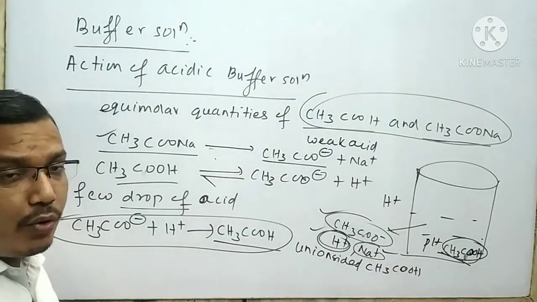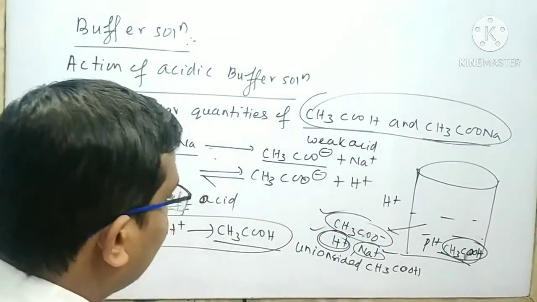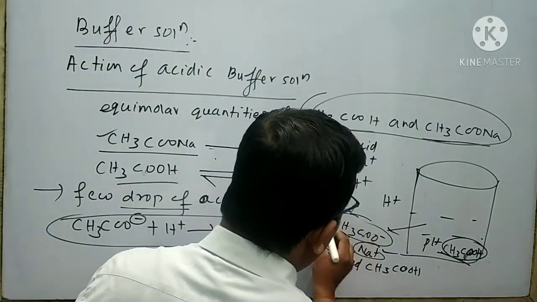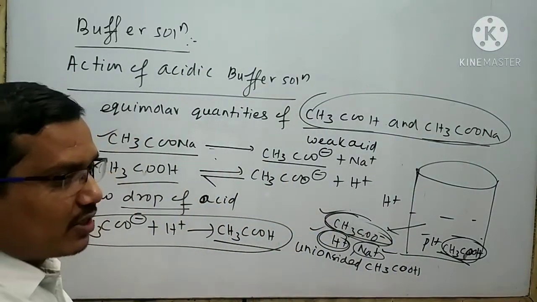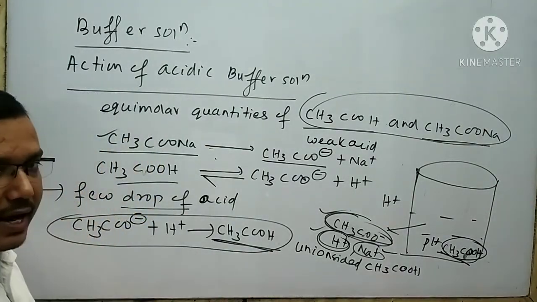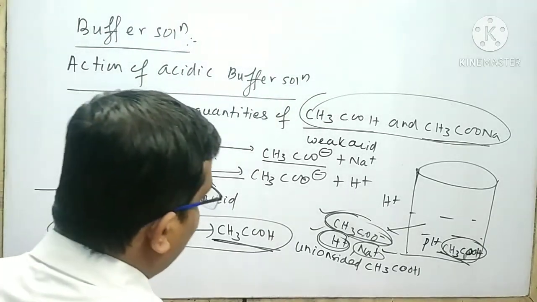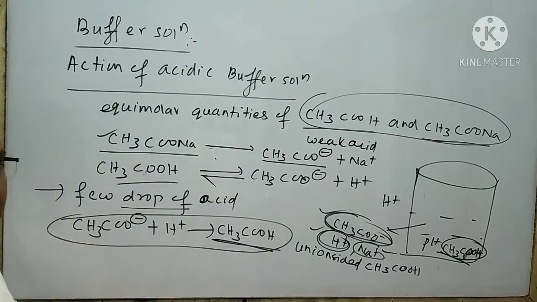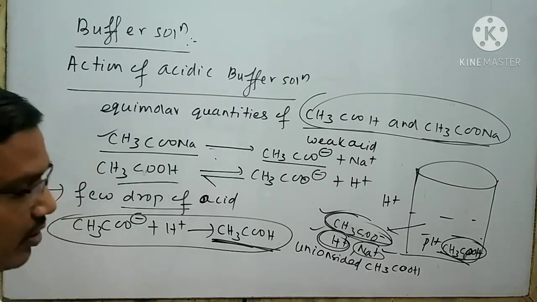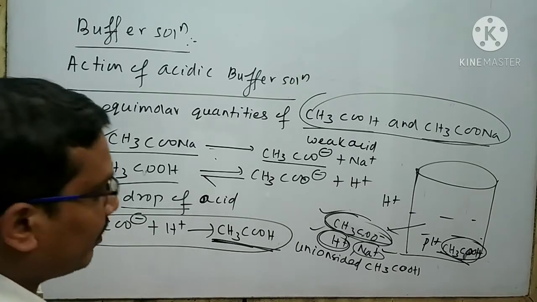If I add more and more acid, that means H plus ion from outside, then the added H plus ion will combine with the CH3COO minus ion and form acetic acid, and this acetic acid remains in unionized condition.